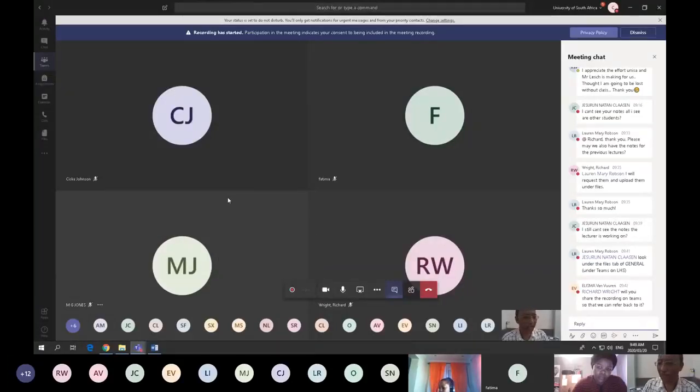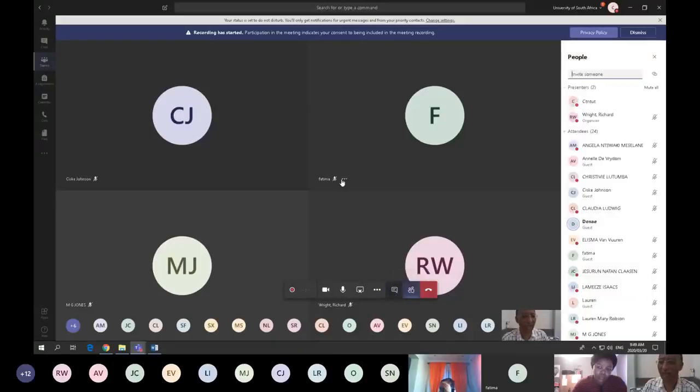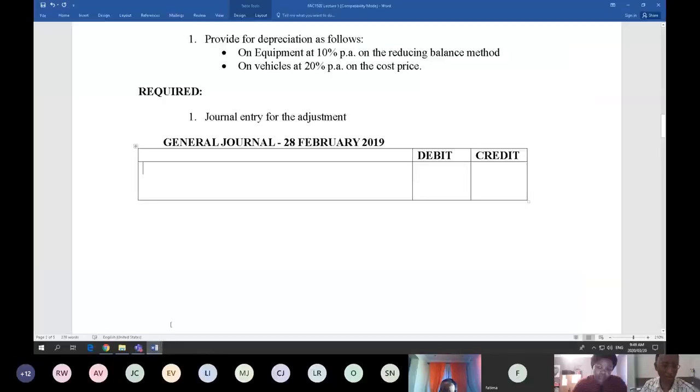It is classified as accrued expenses. We haven't paid the interest for the year, so at the end of the financial year, we still owe that amount. Under our adjustments, this will fall under the category of accrued expenses, and accrued expenses is classified as a liability.